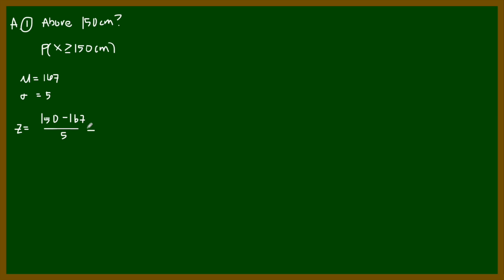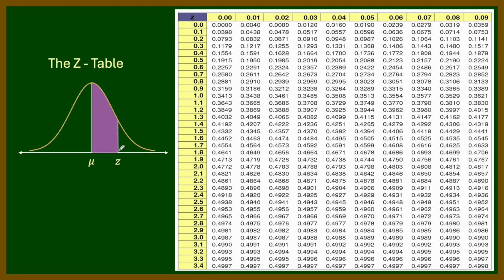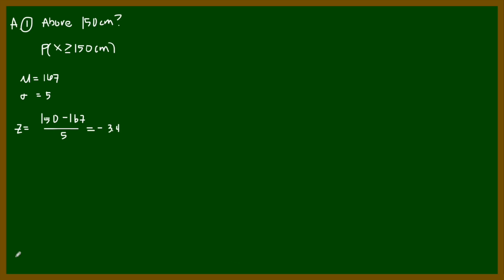And this is equal to negative 3.4. If we try to look at the z table, negative 3.4 is located on this location. That is about 49.97%.